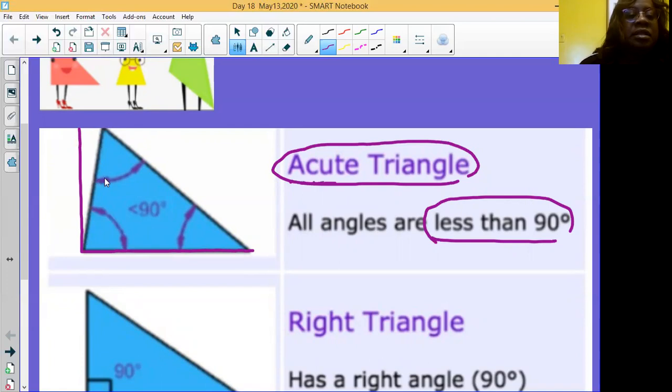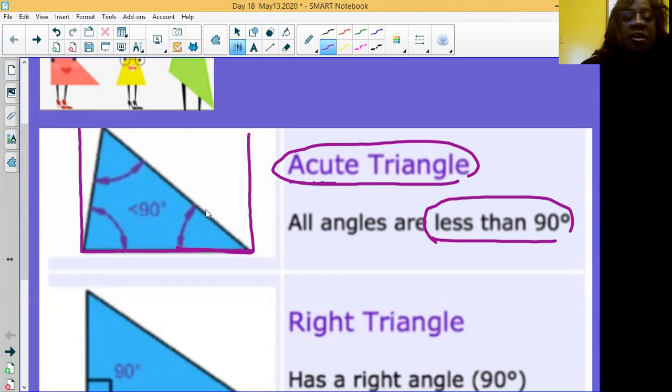And when I look at this angle here, same thing. It's less than 90 degrees. And when I look at this angle here, same thing. It is less than 90 degrees. If I took a line and drew it straight down here and looked at this angle, you could see that this purple line would make it 90 degrees, but it's not.